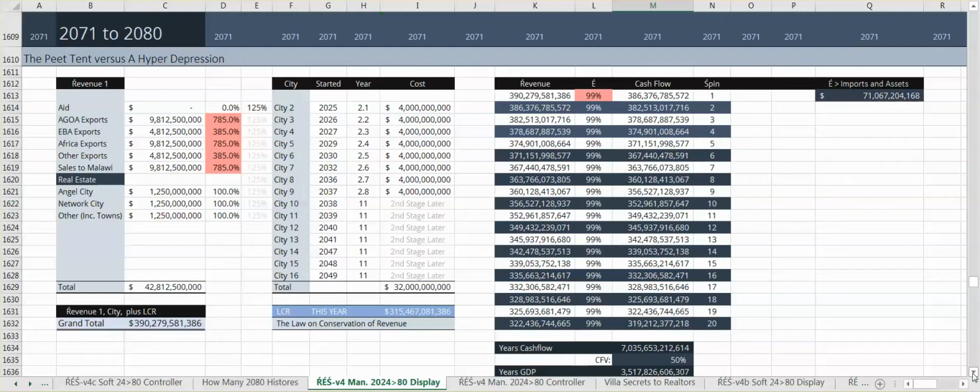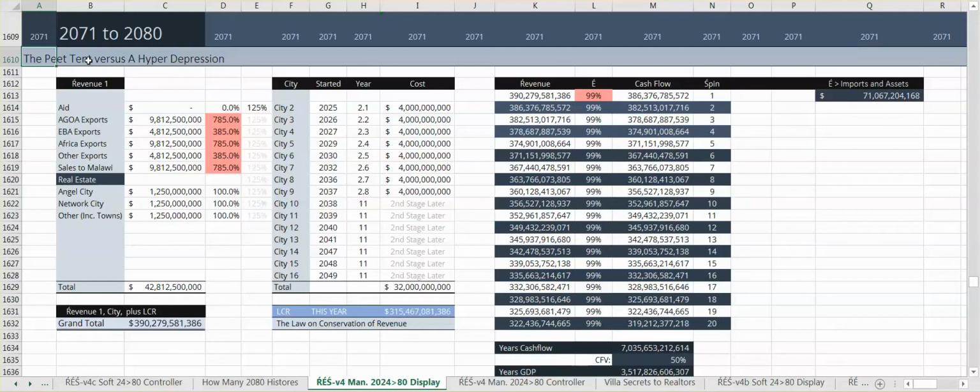Okay, and now I'm going to have to find my place because I've gone off script for a little bit. I call the last 10 years the peak tent versus a hyper depression. The peak tent can be found in the backstory to book 2, A More Creative Capitalism, and in chapter 3 of A More Creative Capitalism, albeit that is not online yet. I'm not going to explain it now.